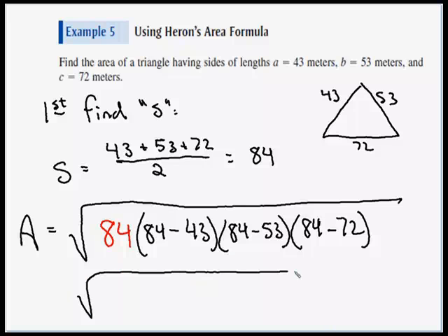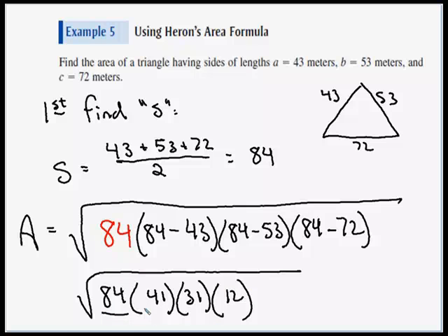So we do a little scratch work there, and we see that's 84 times 41 times 31 times 12. So we do all this multiplication, and we get that product, and then we square root it, and we get that area is approximately 1,131.89 meters squared.